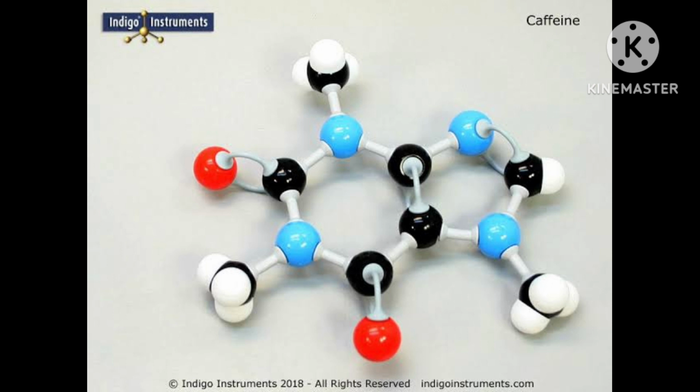For solid, that is the dark line, just a little triangle, a little dark. In the dashed wedge formula, the 3D image of a molecule from a two-dimensional picture can be perceived.